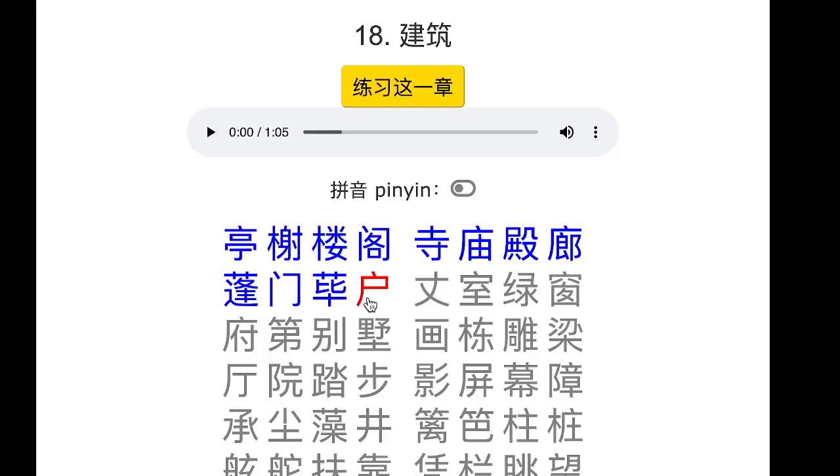Like if you say 门当户对, it's referring to the idea that two partners in a couple who are to be married should be of comparable social or socioeconomic status. That idea is called 门当户对.